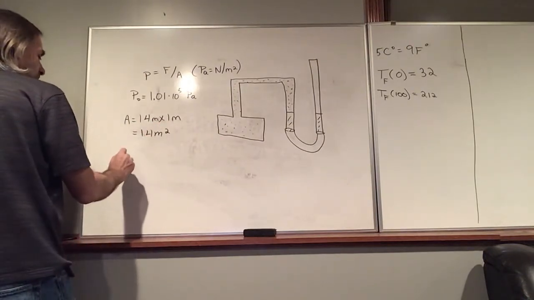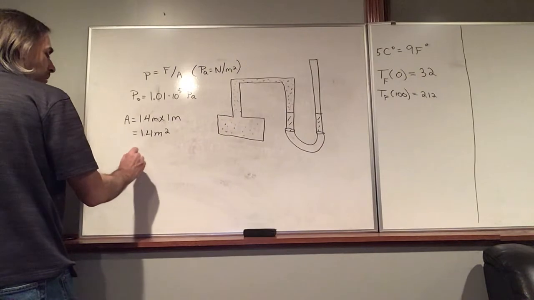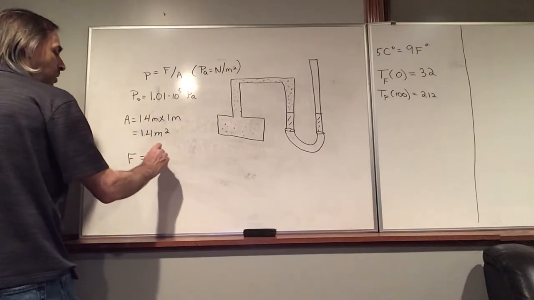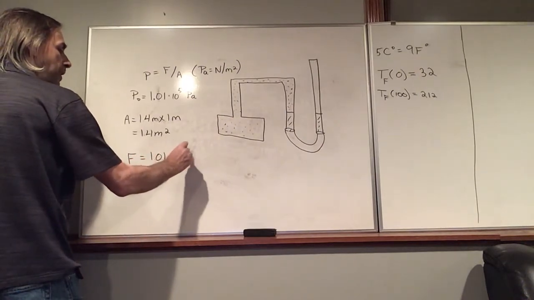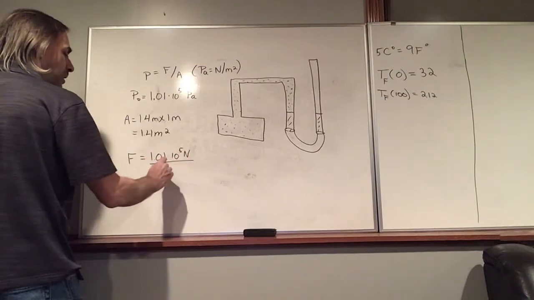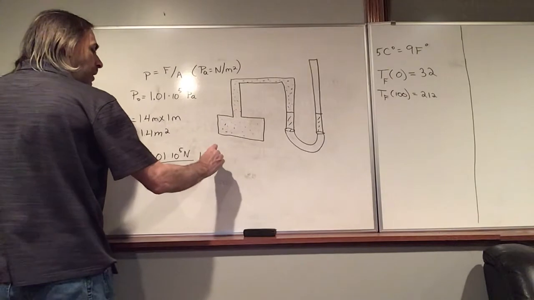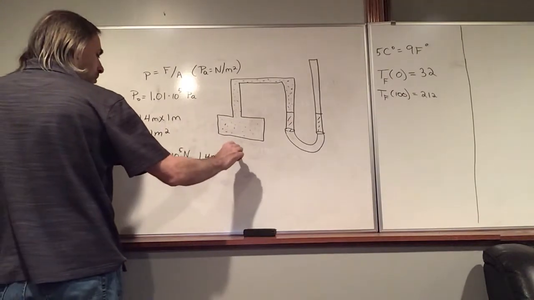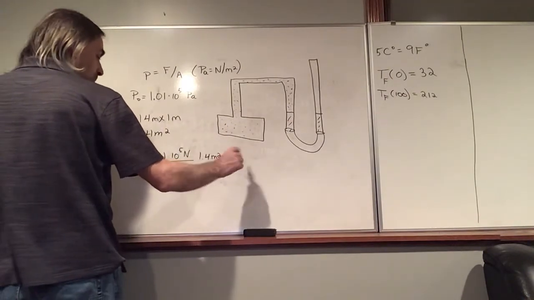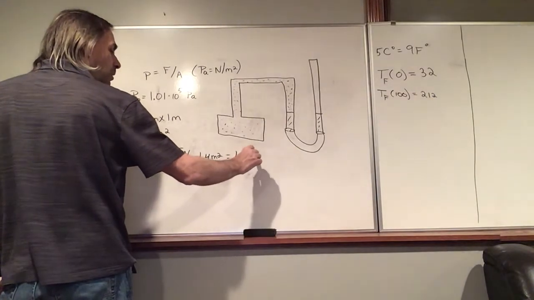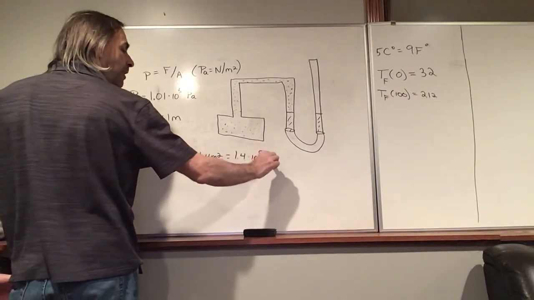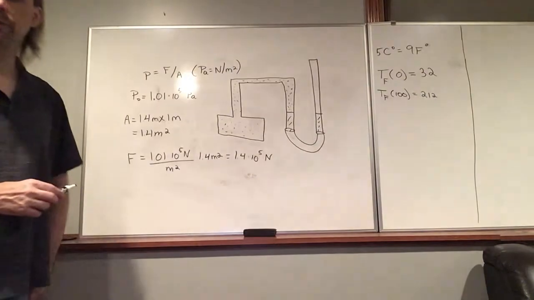Now the force is the pressure times the area. So we have 1.01 times 10 to the 5th newtons per meter squared times 1.4 meters squared, or around 1.4 times 10 to the 5th power newtons.